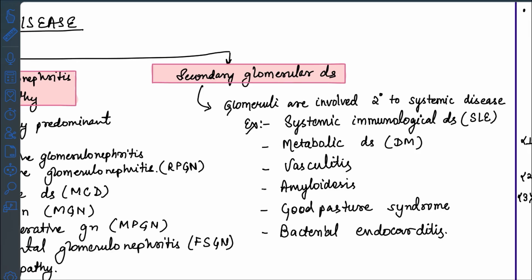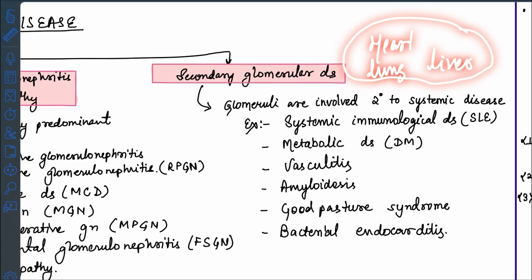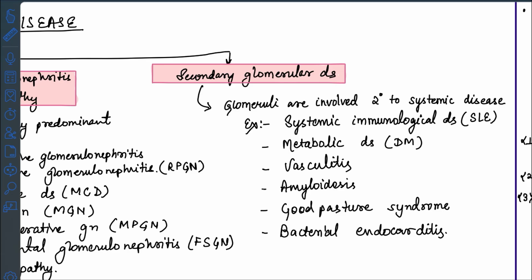Now, looking into the secondary glomerular diseases, these are diseases where the glomeruli are involved secondary to a systemic disease. The primary disease is in some other organ, like the heart, lung, liver, any other organ, or blood vessels, but the glomeruli are affected due to that disease in the other organ.